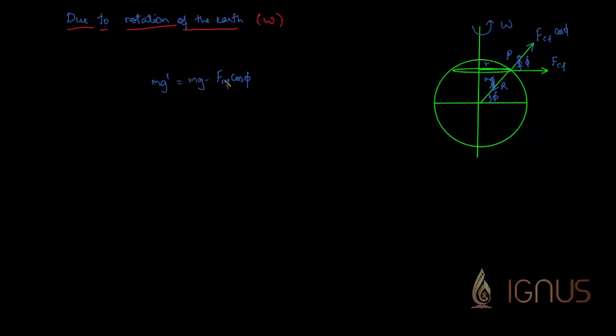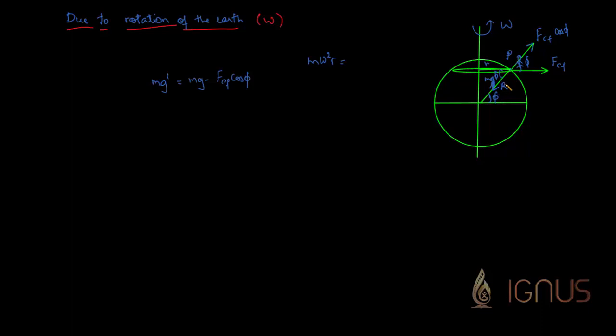Now what is my FCF? FCF is nothing but m omega square small r, the radius of this circle. So if you find a relation between small r and big R, this is phi. So even this angle will be phi because they are alternate angles, because these two are parallel lines.